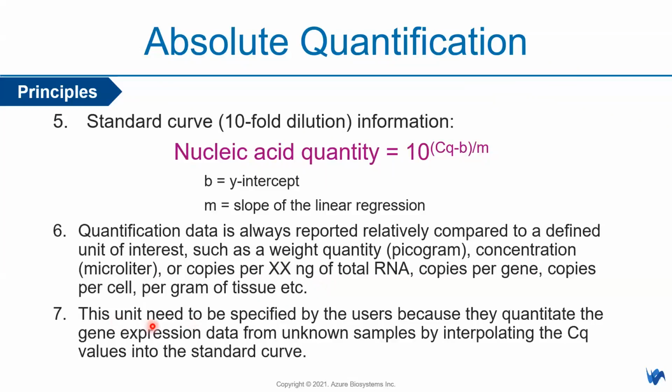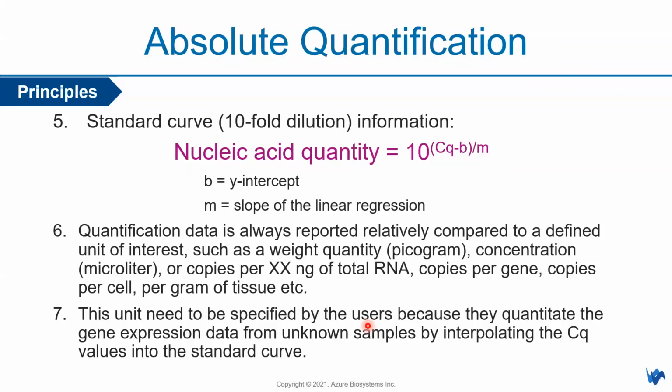This unit needs to be specified by the user. So you need to specify this unit based on how you generate the total RNA, either from a tissue, or from a cell count, and so on and so forth. This will become the constant factor that gives you the specific units, and therefore you know what value to report by the end of the day.